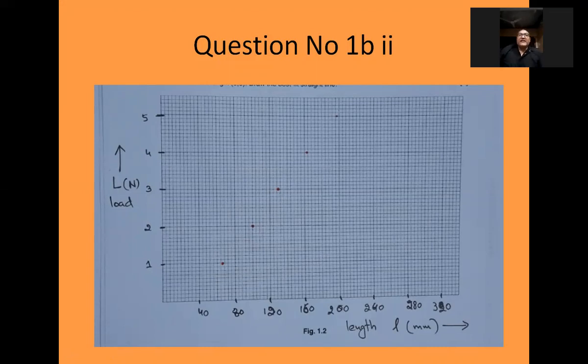So when the length is 130, the load is 3 Newton, and when the length is 163, the load is 4 Newton, and here at this point, the length is 198 and the load is 5 Newton.